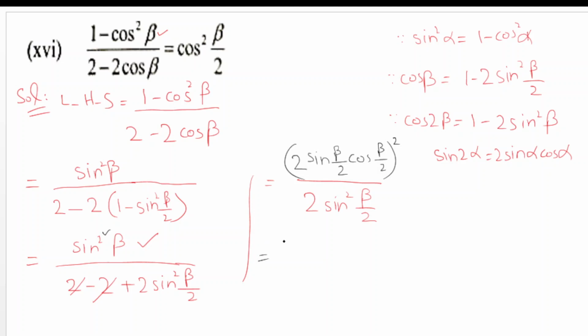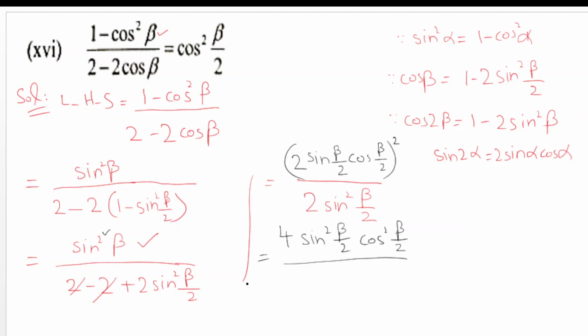Now just give the square to everyone. That will be 4 here, and then it will be sine square beta by 2, and then cos square beta by 2, like this.